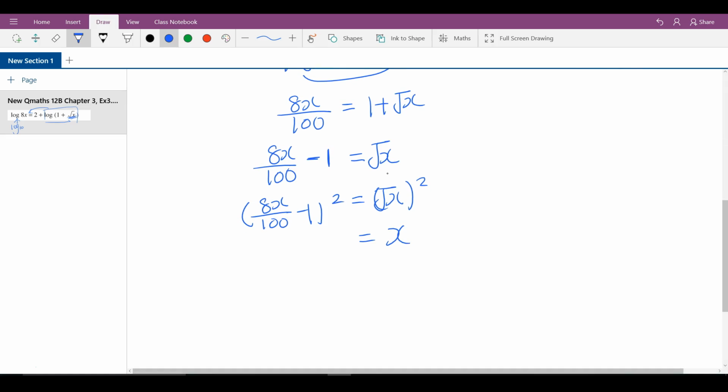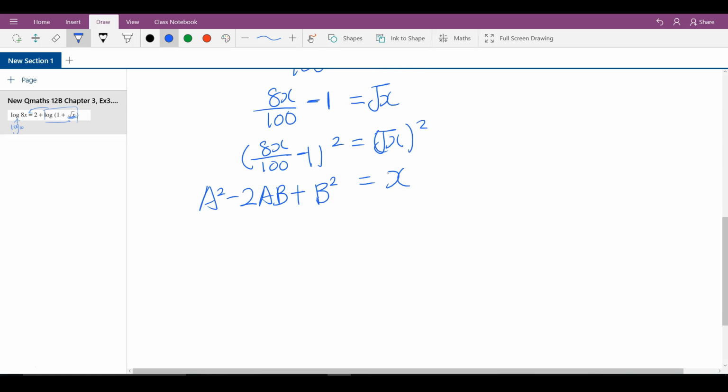Now when you square this whole thing on the left hand side, we go through the binomial expansion, which is a squared, but this is a minus in between, so it will be minus 2ab plus b squared.